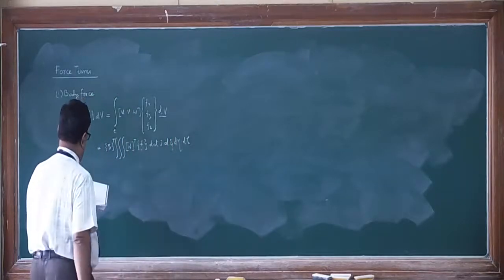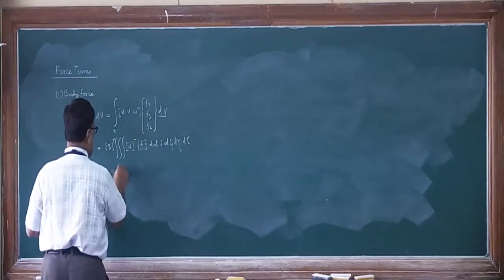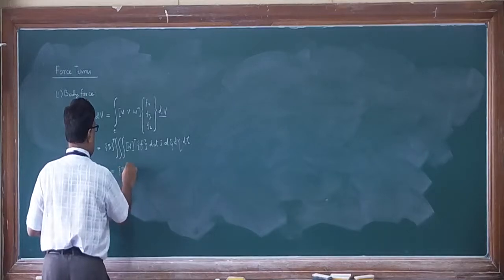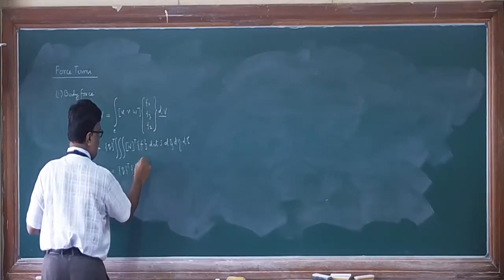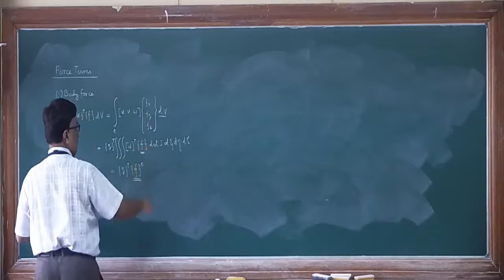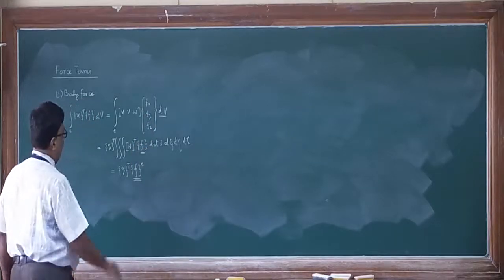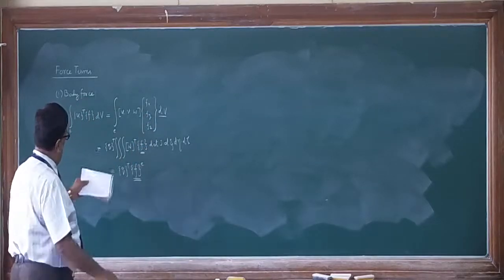So that, which you can write as Q transpose Fe. This is the body force vector. This is consisting of all whatever is that. So all together the product of this will be our this.